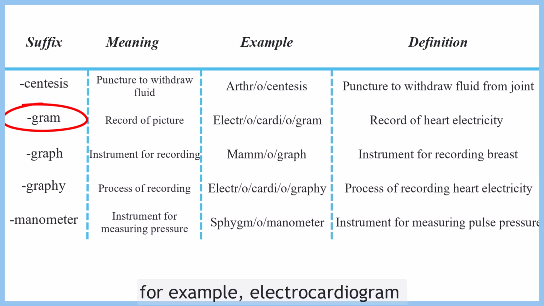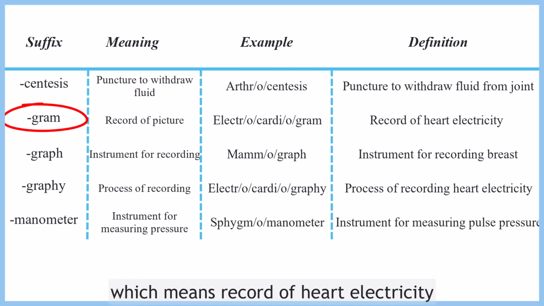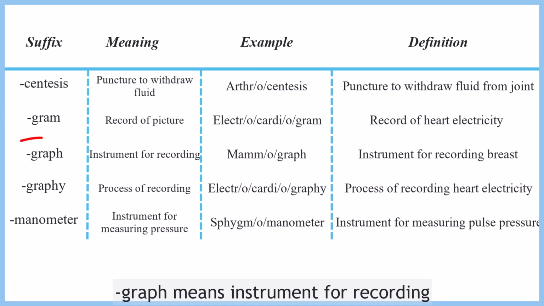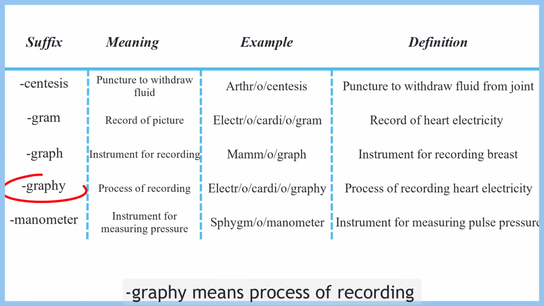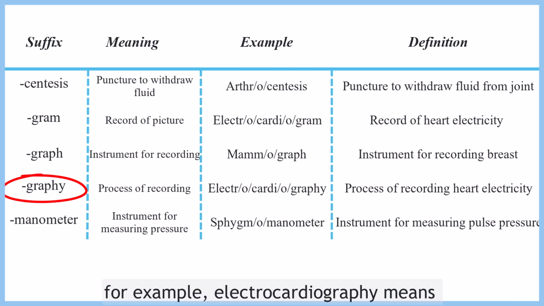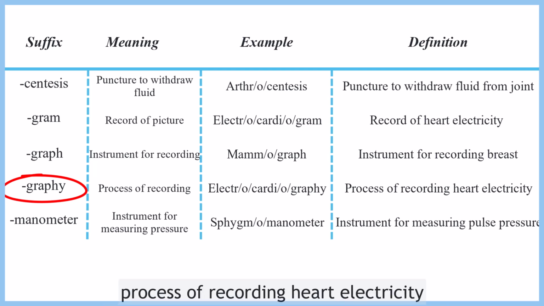For example, electrocardiogram, which means record of heart's electricity. Graph means instrument for recording. For example, mammograph means instrument for recording breast. Graphy means process of recording. For example, electrocardiography means process of recording heart electricity.